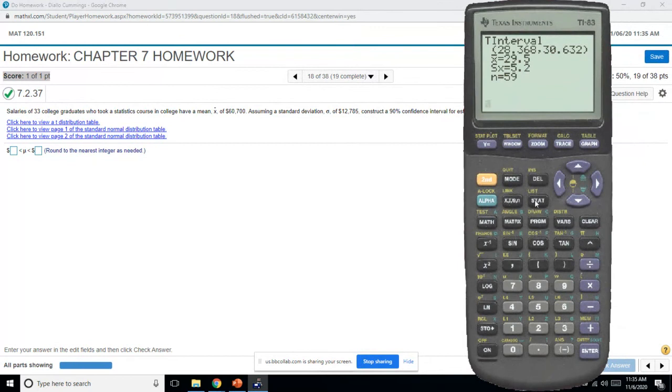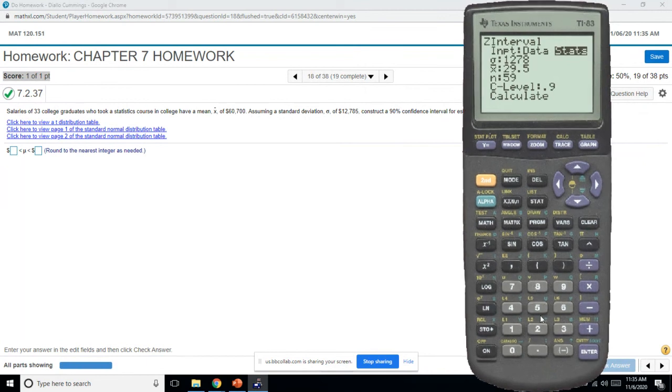So I'm going to go back into statistics. I'm going to scroll over to test. This time we're going to use a Z interval because the standard deviation is assumed. We're still going to put in the statistics. So our standard deviation is 12,785. Our mean salary is 60,700.